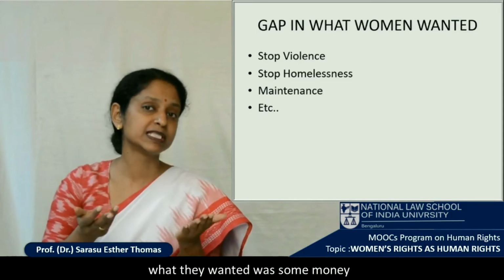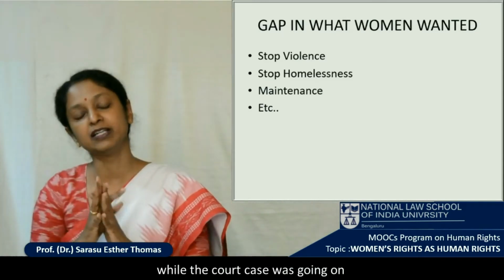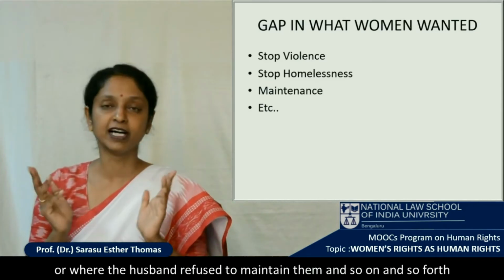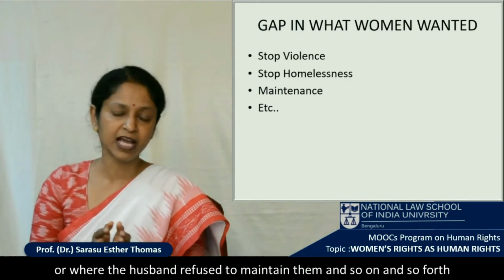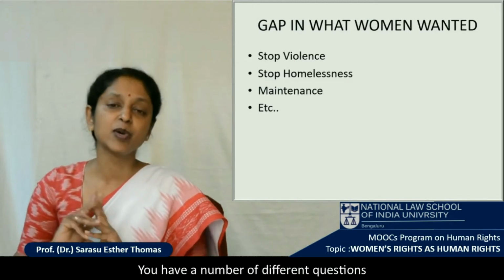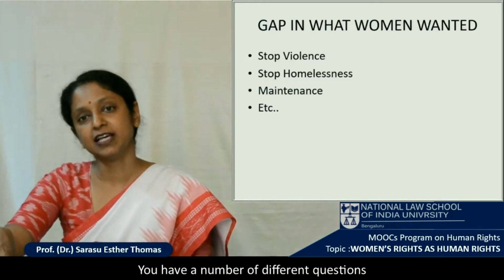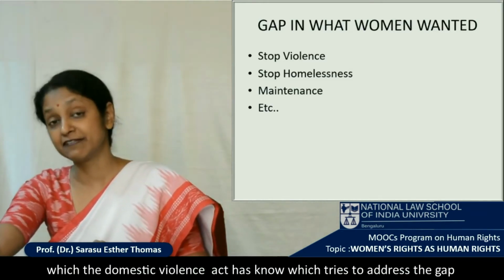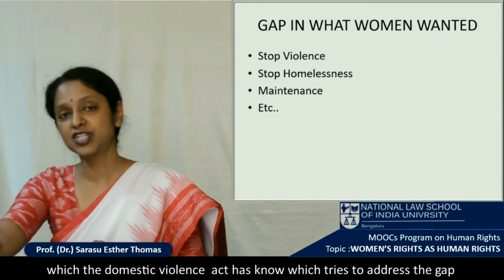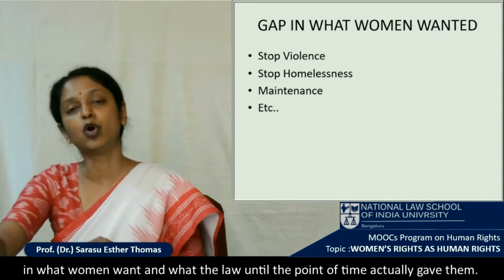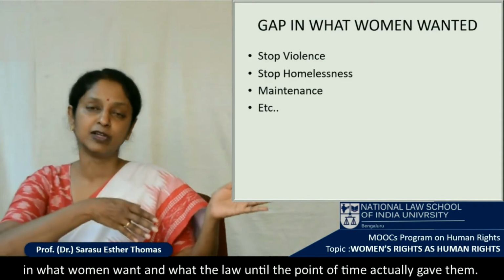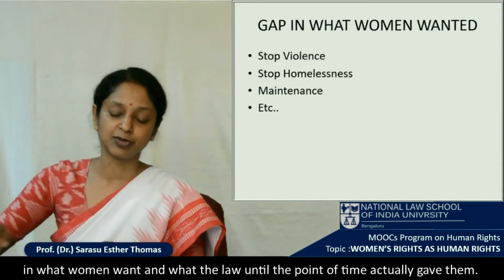What they wanted was some money to tide them over while the court case was going on, or where the husband refused to maintain them, and so on and so forth. So you have a number of different provisions which the Domestic Violence Act now has, which tries to address this gap in what women want and what the law until that point of time actually gave them.